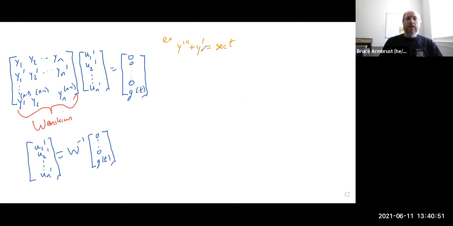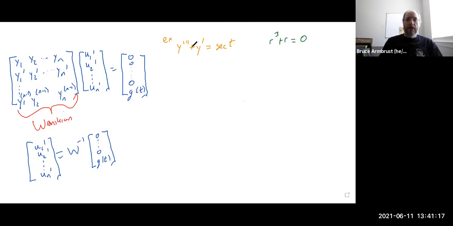All right, so first things first, we got to build the Wronskian, which means we have to find a fundamental set. But I think you guys are used to doing that by now. The very first thing we always do is find the solution of the homogeneous. So it is linear.